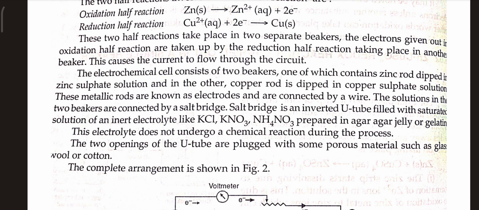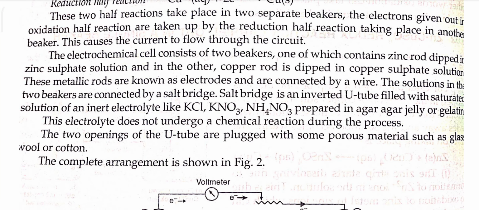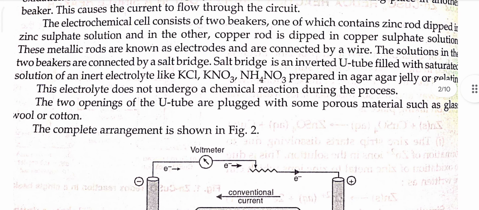The electrochemical cell consists of two beakers, one of which contains a zinc rod dipped in zinc sulfate solution, and in the other, a copper rod is dipped in copper sulfate solution. These metallic rods are known as electrodes and are connected by a wire. The solutions of the two beakers are connected by a salt bridge.